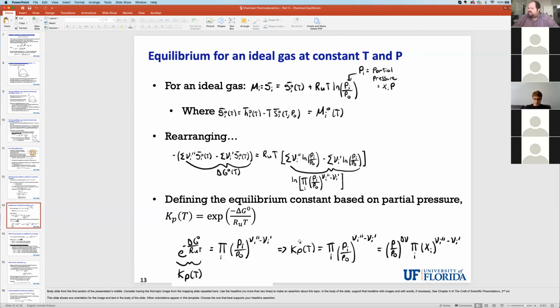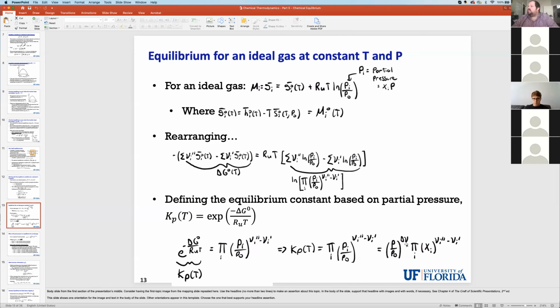And I can start playing with some definitions here. So I can have that Kp is equal to this term here. And I can also make the substitution that the partial pressure of species i is equal to the mole fraction of species i times the total pressure in the system. And then I can have that Kp is equal to P over P naught raised to the delta nu.